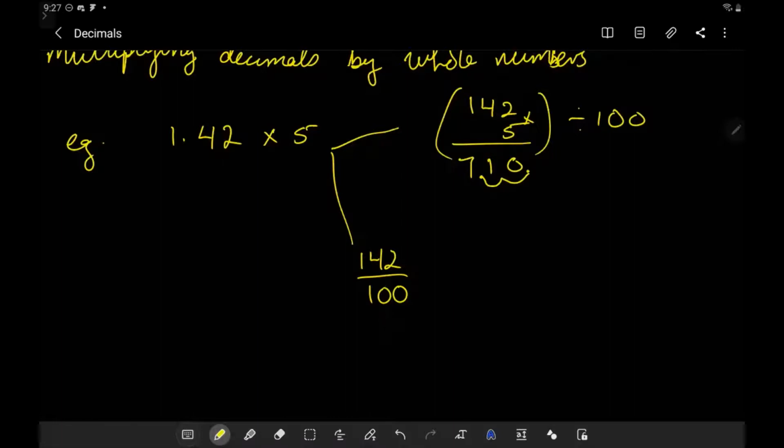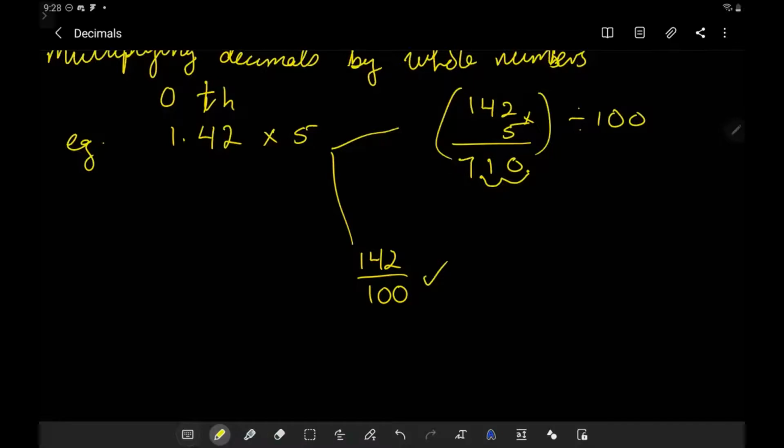All right. Well, this is essentially 142 hundredths, right? Remember, this is tenths and hundredths here, place value. So this is 142 hundredths.